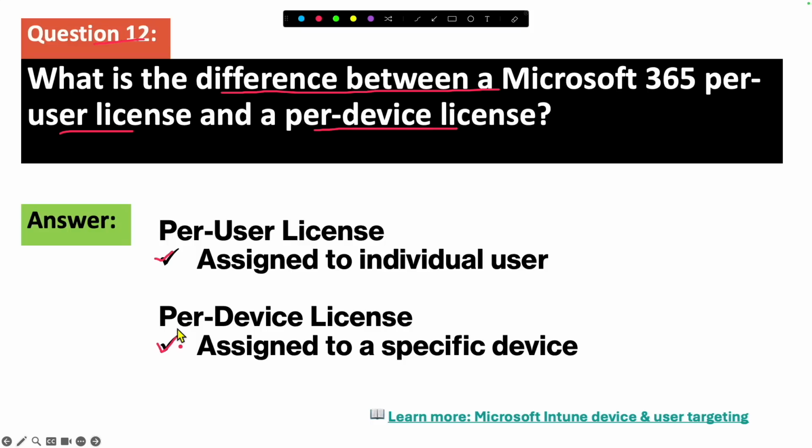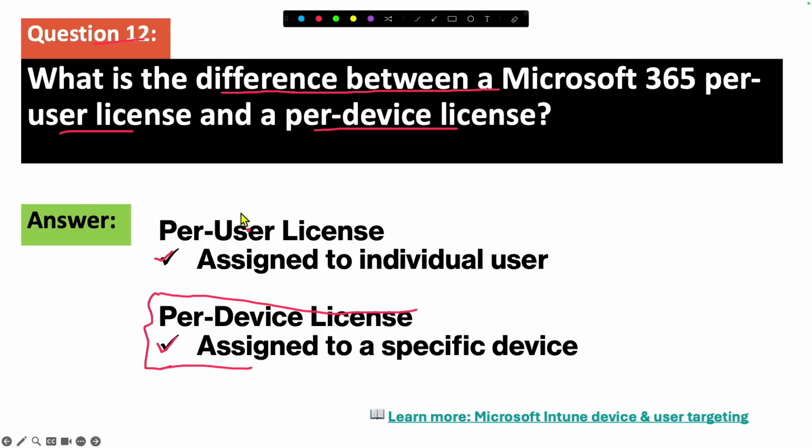An example of a device license could be, let's suppose you are trying to get workstation licenses for a kiosk or call center or schools. Then you will potentially look at these per device licensing, because these devices would be shared by multiple users. If the device is shared, that's when you explore per device licensing.